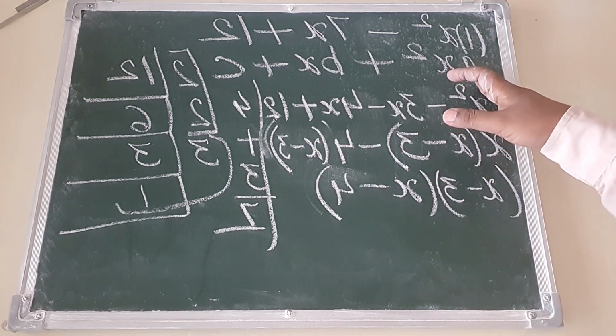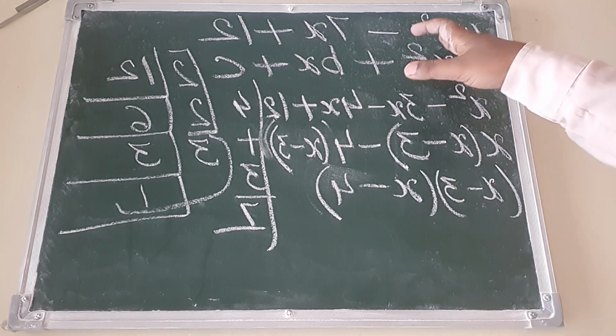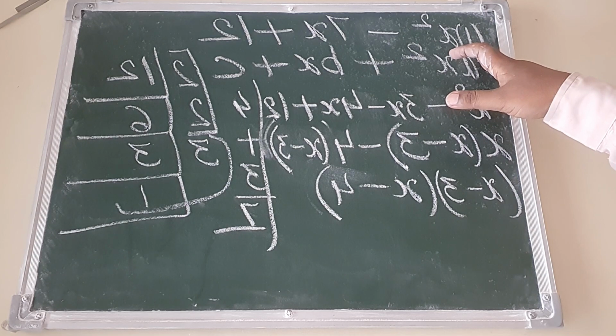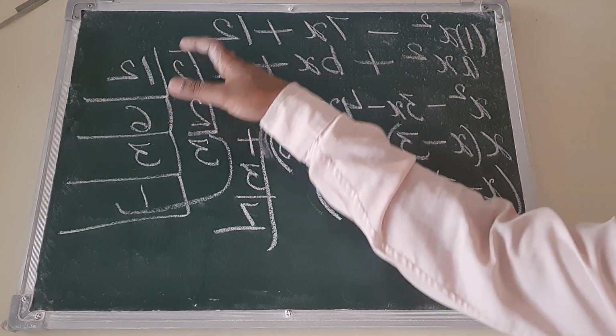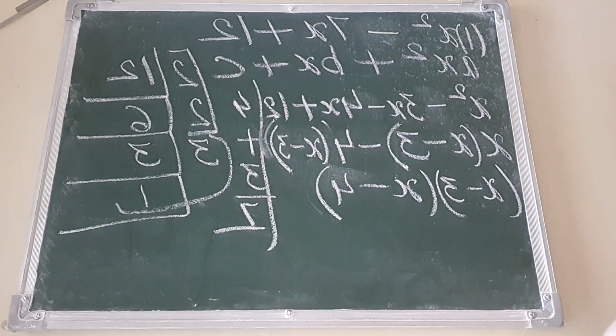The coefficient of x square is a. Here the coefficient of x square is 1. The coefficient of the constant term c is 12. So we find AC, that is 1 into 12, that is 12.